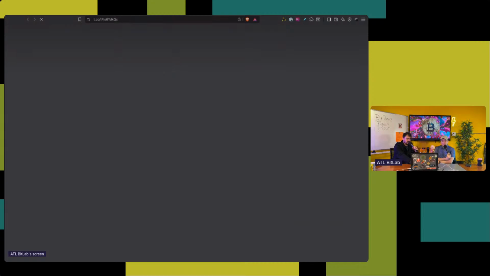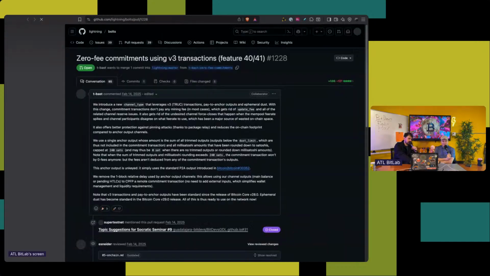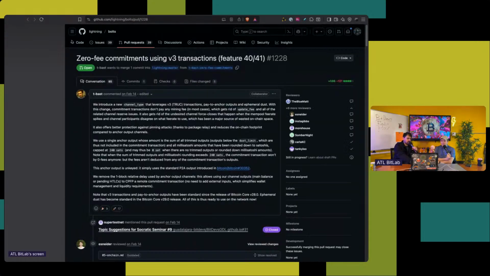What he's saying here is that the Bolt spec is final. I guess it's capable of being ratified now because there's interoperability between two implementations, but it does appear to be an open PR.